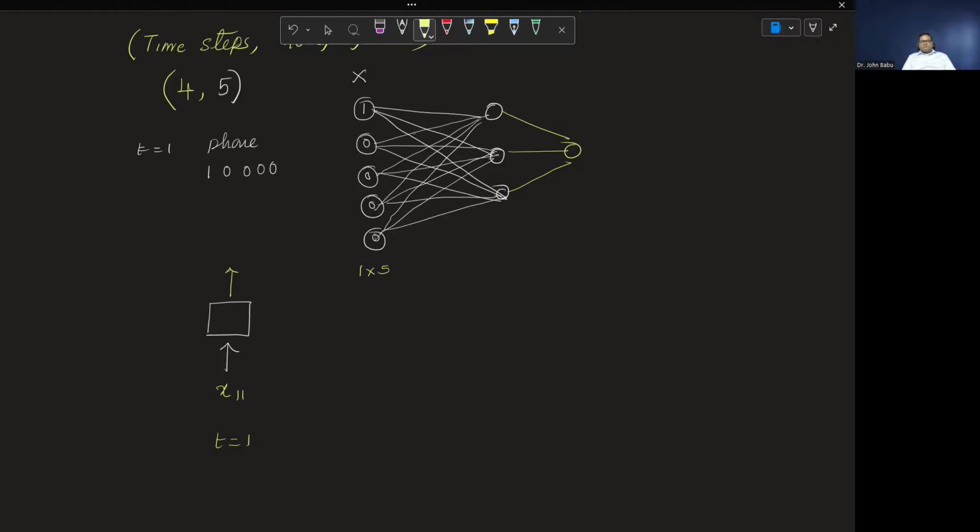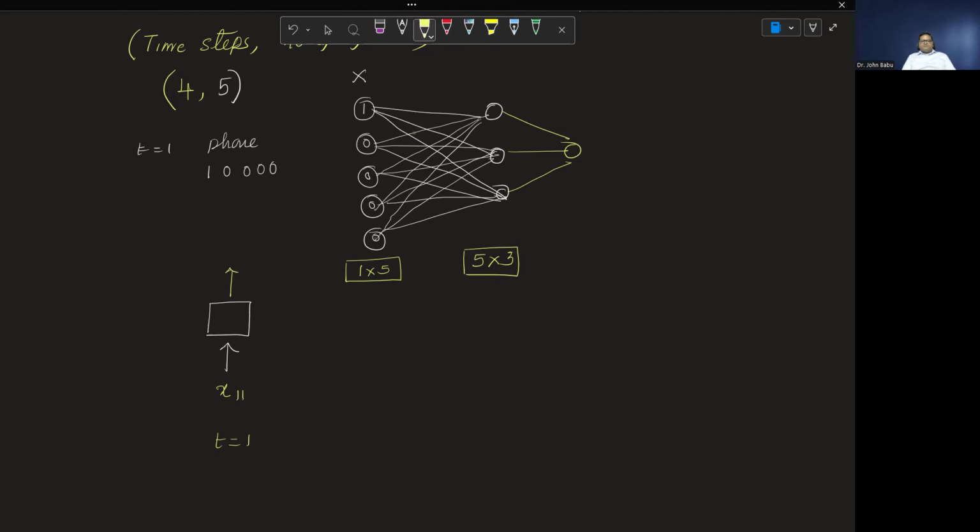Now what we have to understand is that our input is of size 1 cross 5. That means 1 cross 5 is the matrix size of the input. Now this is fed to 3 neurons. How many weights will we get? Each input is assigned 3 weights, so totally 5 into 3, 15 weights. So our matrix of weights is 5 cross 3.